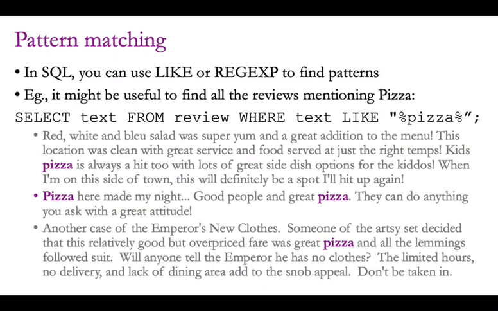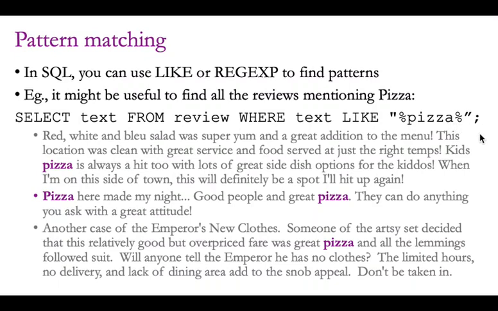Okay, but the first technique I'm going to introduce here is pattern matching, which is maybe the simplest kind of analysis you would think of for dealing with text. We've already seen pattern matching with LIKE. If you have some text, and for example, you want to pick out all the reviews that mention pizza, and I think we had a homework question that asked you to do this, you can just compare the text to a pattern, like percent pizza percent.